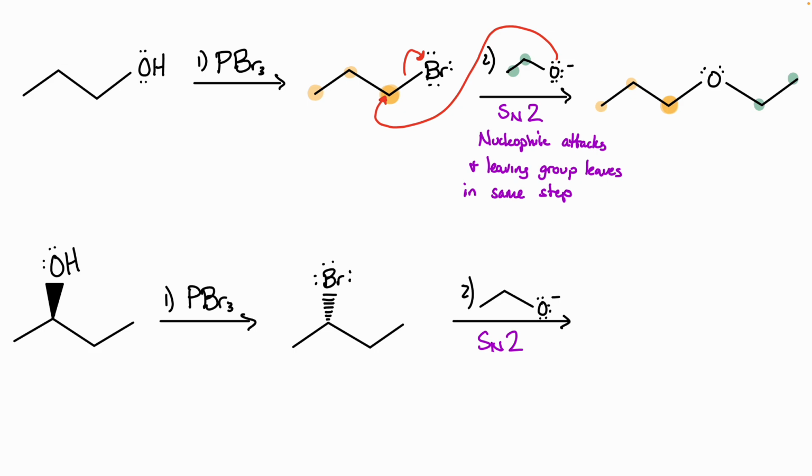The nucleophile attacks and the leaving group leaves, and a consequence of this is another stereochemical inversion. So in the first step, it gets flipped from a wedge to a dash, and in the second step, it gets flipped back to that wedge bond. All right, two back-to-back stereochemical inversions.